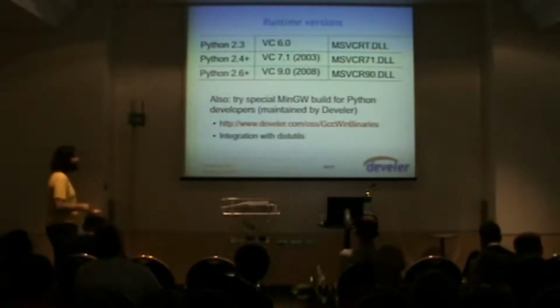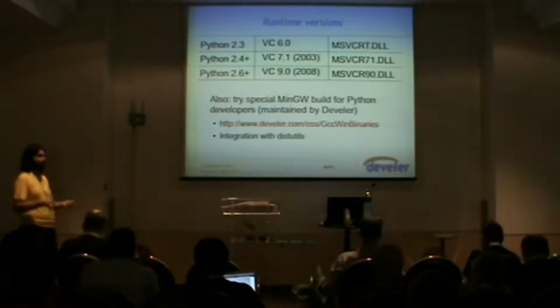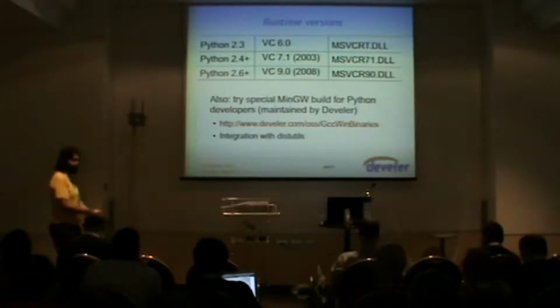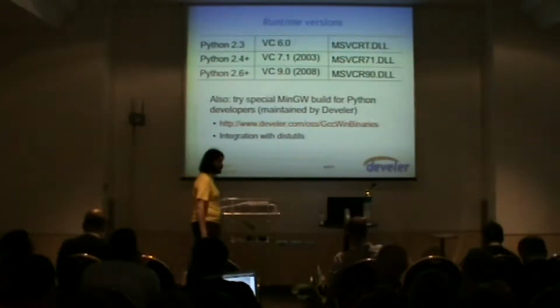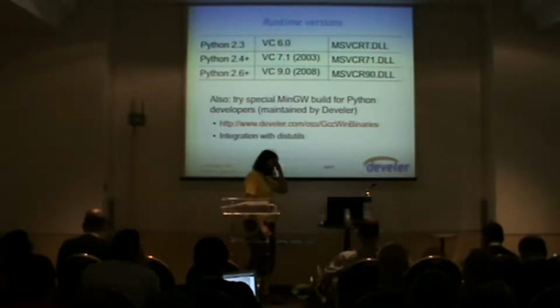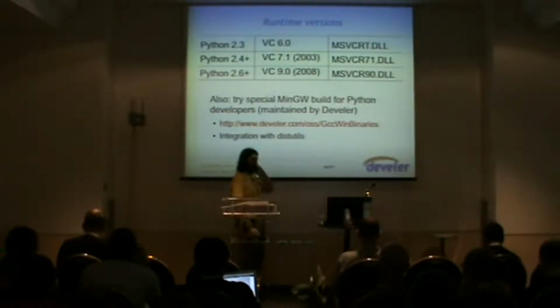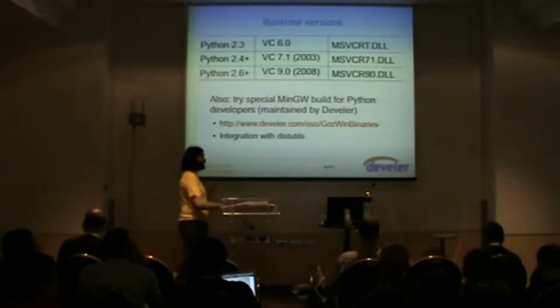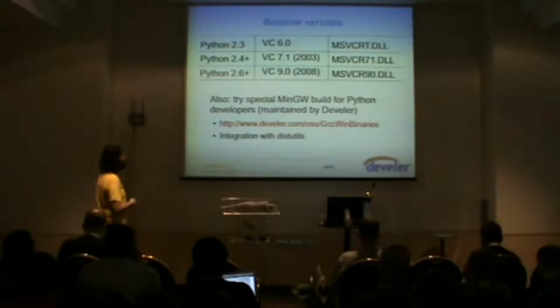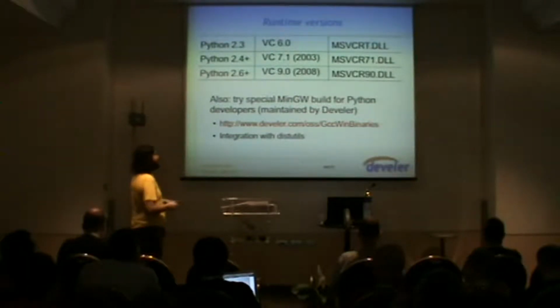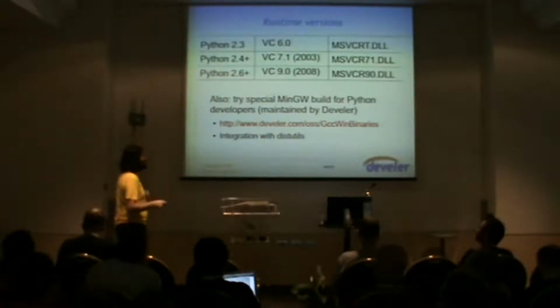Okay? This problem is being solved in Python 3.2, because they are trying to introduce a fixed API for extensions. But since it's something that will happen in the future, I will not explain it right now. Right now the problem is this: you always need to use the same CRT library.